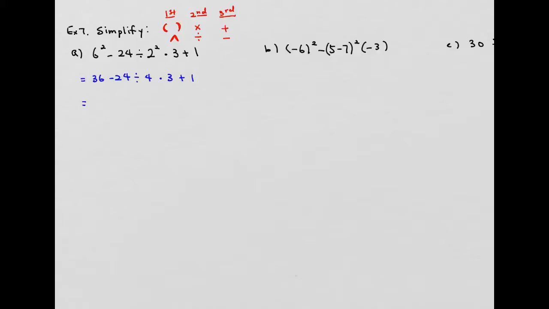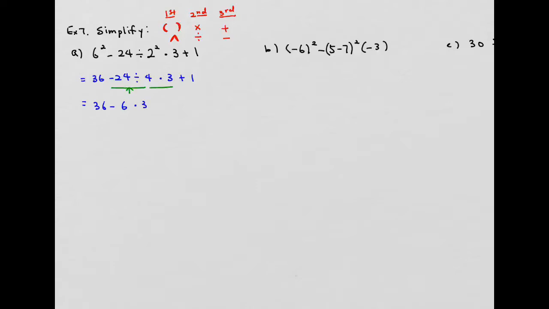Once you get that, now we're going to look at multiplication and divisions. Looks like I have division here and multiplication here. So whichever comes on the left first, I will do this one, right? Division first. So then 36 minus 24 divided by 4, that's going to be 6.